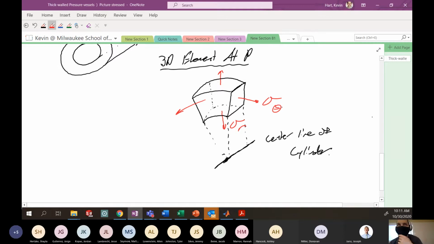And then along the axis of the cylinder, you're going to develop your axial stress, which is in this direction and off the backside this direction. Right. So we don't have any shear stresses on this element. That was an assumption that we made because we're in this hydrostatic kind of stress state where all of our pressures are equal. So again, I'll just emphasize no shear in this configuration.